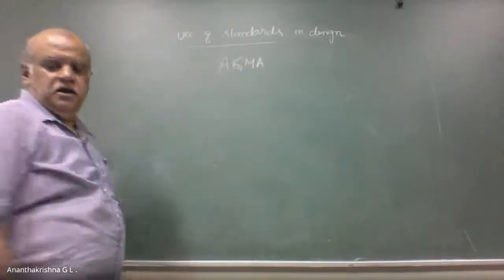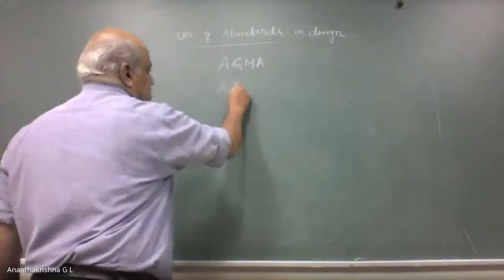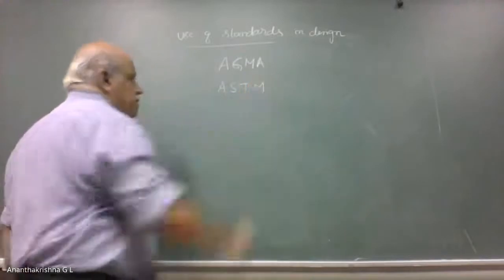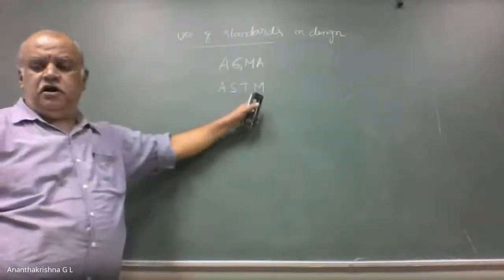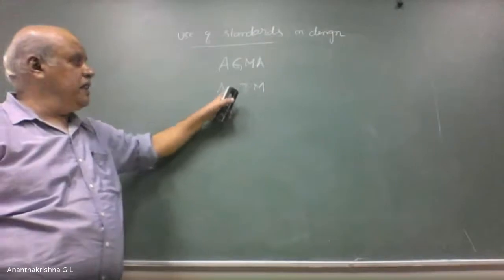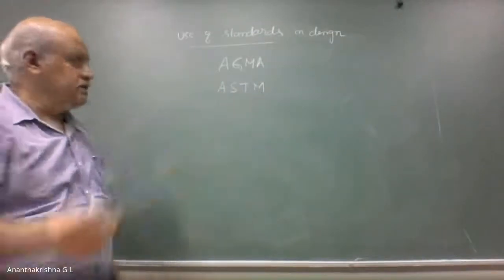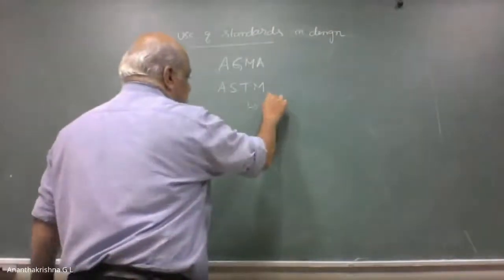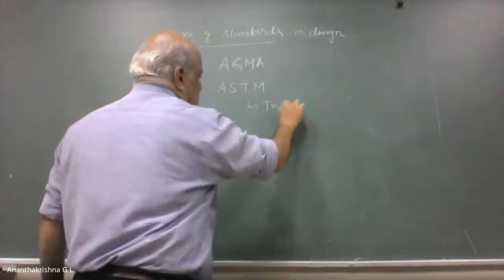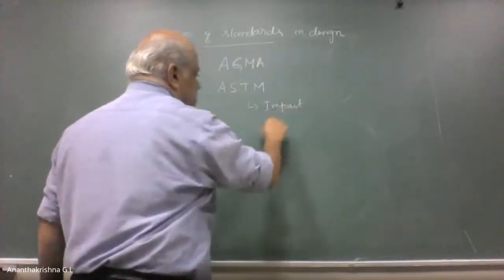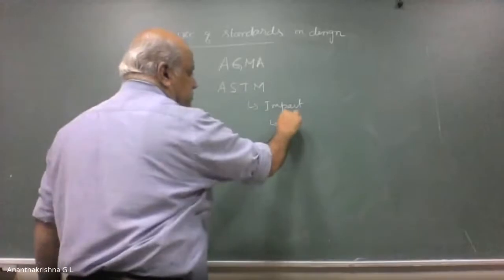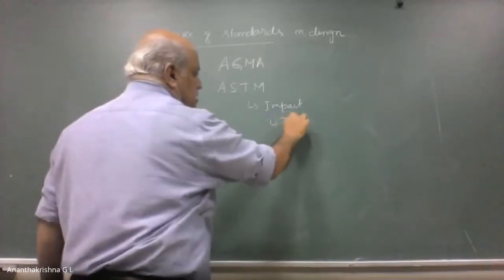Similarly, you have got ASTM standards, American Society for Testing and Materials. Say for example, in impact tests, what are the two types of impact tests that we do? Izod is one.